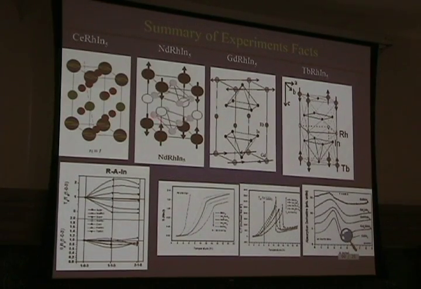So that explains the ordering effect. So neodymium, I'm going to show the terbium soon, has the order along the c-axis. Cerium has the order in the plane, and that's well explained by that very simple model.